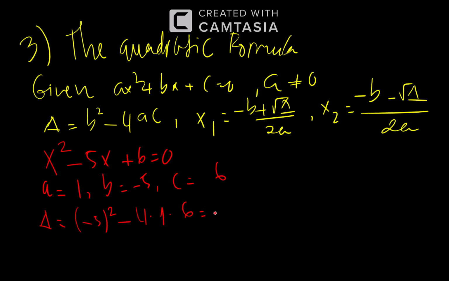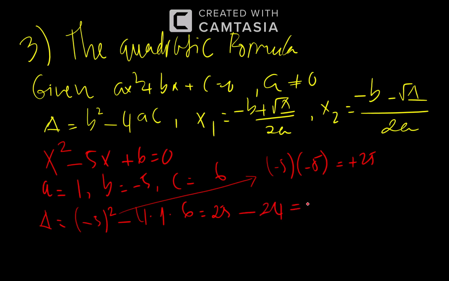Negative 5 squared equals 25. Not negative 25, because the exponent is an even number. Here I'm going to clarify that negative 5 times negative 5 equals positive 25. Minus 4 times 1 times 6 equals 24.